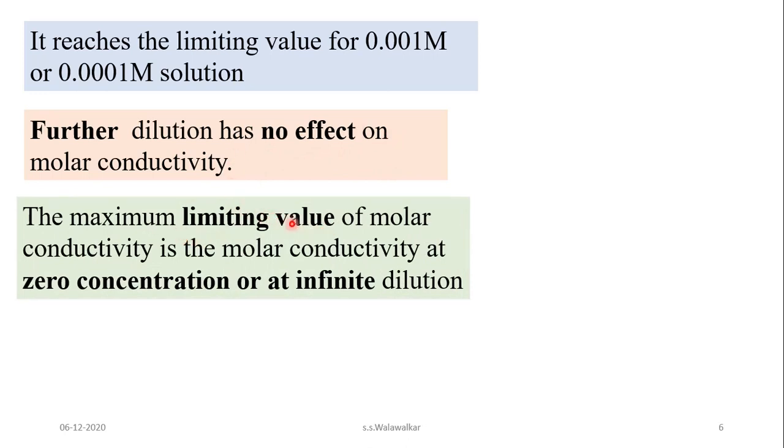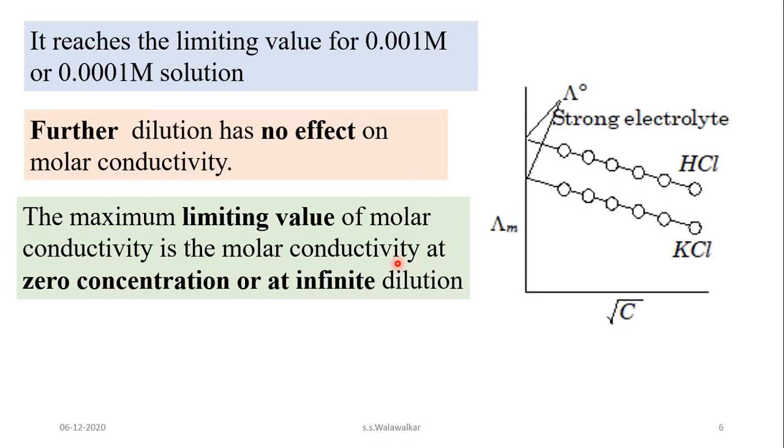So the maximum limiting value of molar conductivity is the molar conductivity at zero concentration or at infinite dilution, and it is denoted by lambda 0. See here, this is a straight line, and if you extrapolate this, then you can get the point where it intersects the y-axis. That will give you the molar conductivity at zero concentration or at infinite dilution.